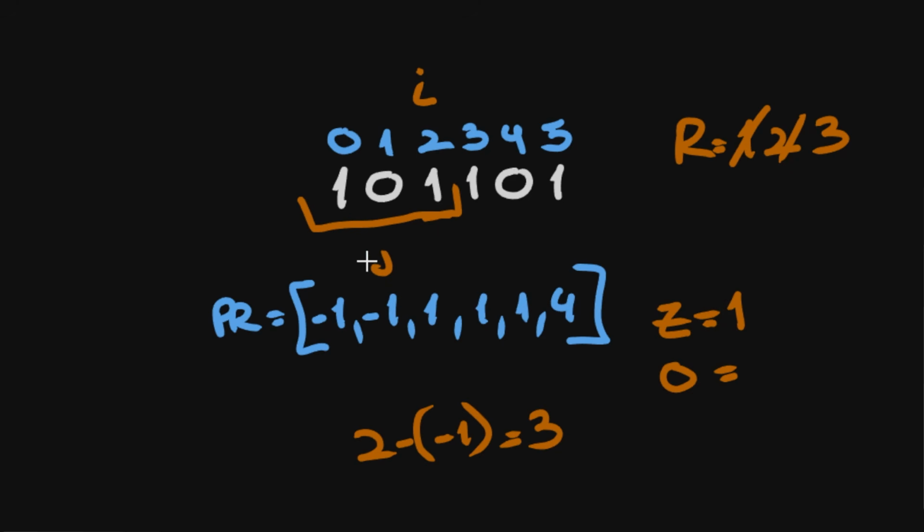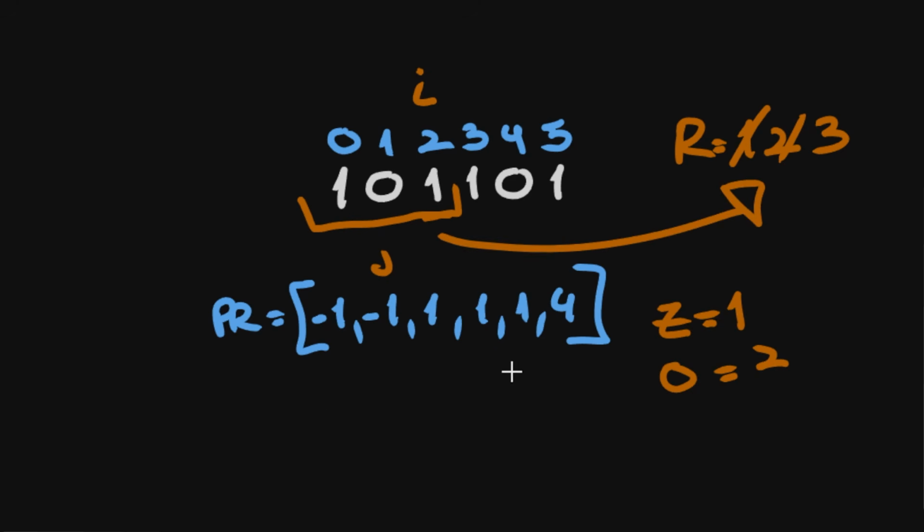So if we move the j pointer to the left, every time we take another 0. Now, if this is the length of the current substring and we have 1 0, how many ones do we have? Well, we have 3 minus 1 ones. This is 2. And 2 is greater than 1 squared, so we are ready to add substrings to the result.